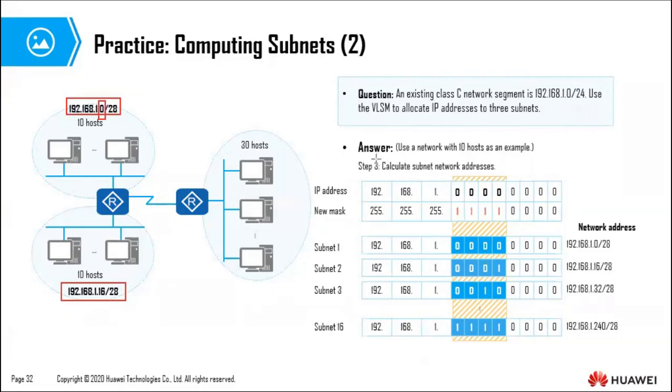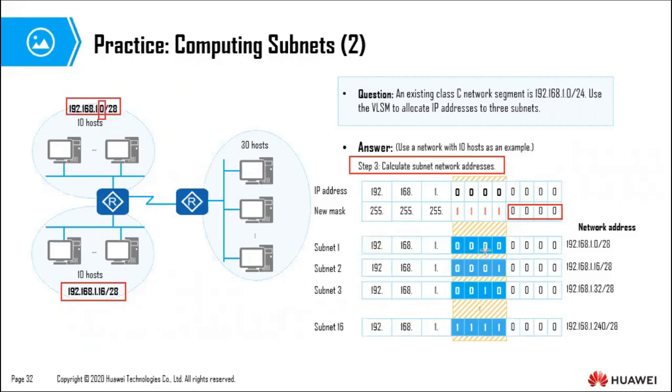Look here, calculate subnet network address. We want to calculate the subnet network address. Are we together? So we know that we calculate the network address by setting all the host bits to 0, right? Yeah. Then we can find the first subnet and how it's changing.